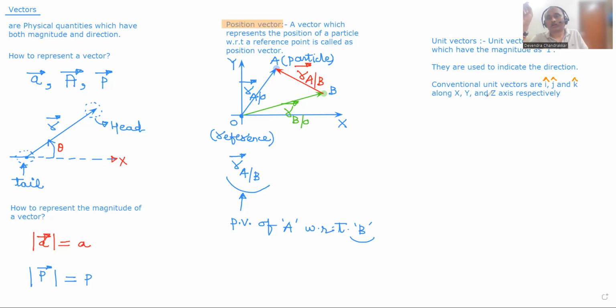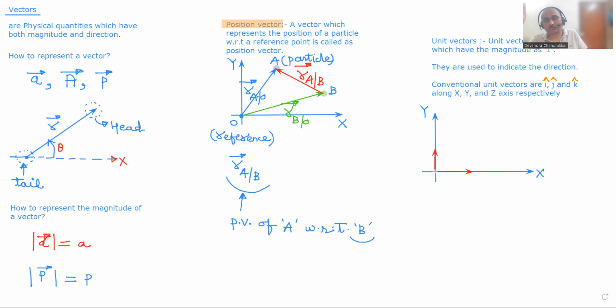Now, what is a unit vector? The magnitude is equal to 1. Okay? And it is represented by a cap. It is used to indicate the direction. So pay attention, all of you. Now, this is the XY plane we have. This is X axis and this is Y axis. So unit vector along X axis is I cap.